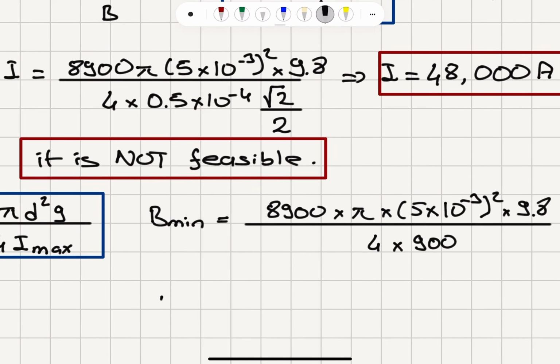So this gives me a minimum magnetic field of 1.9 millitesla, which is 19 Gauss.